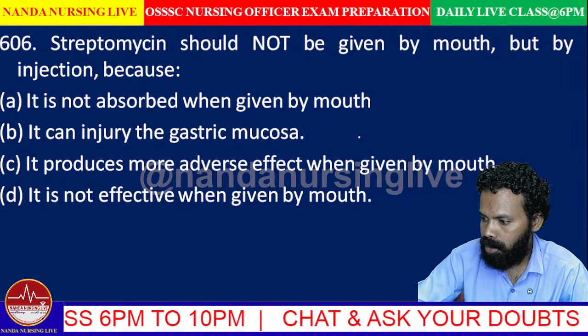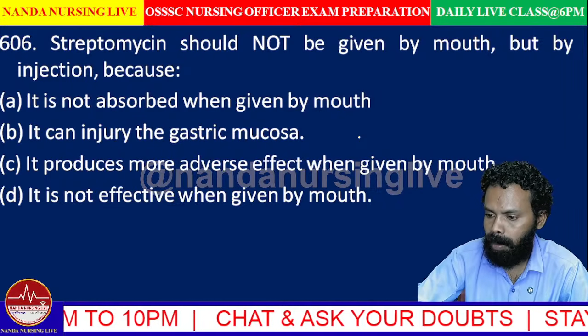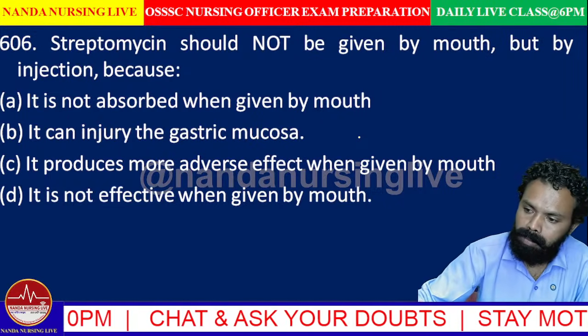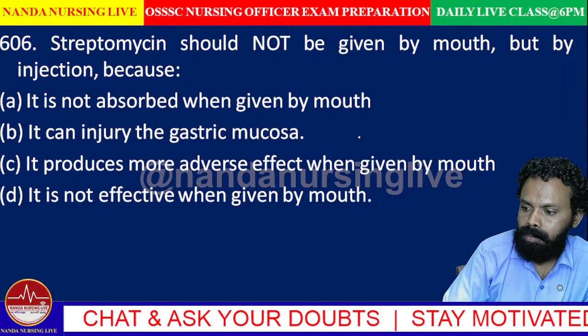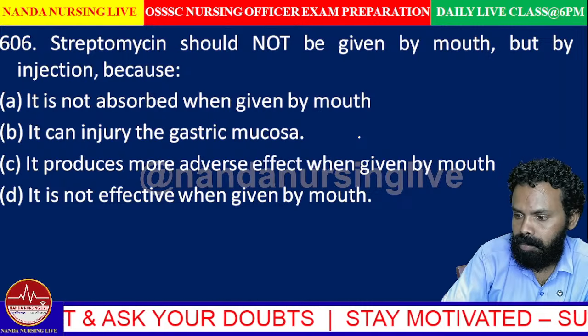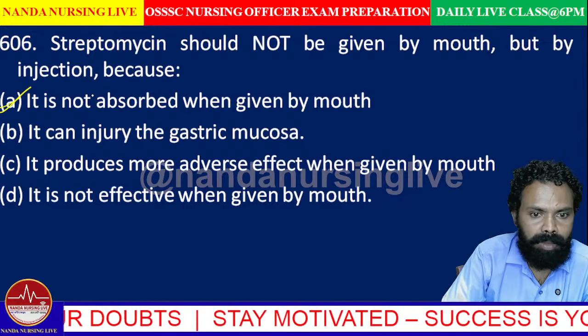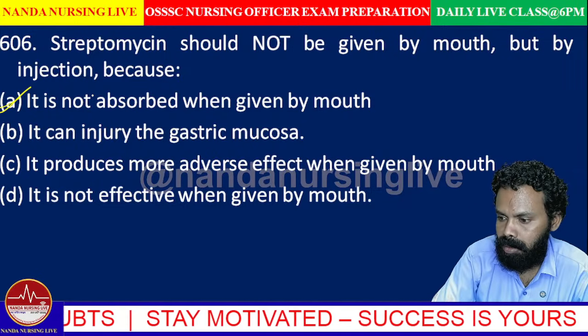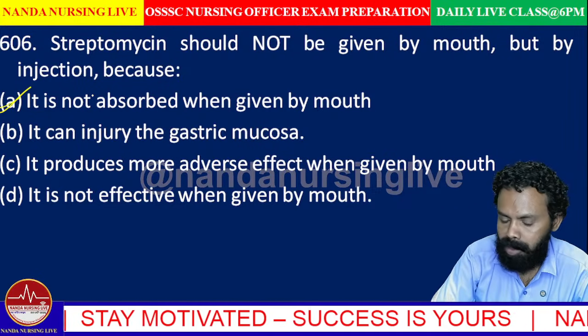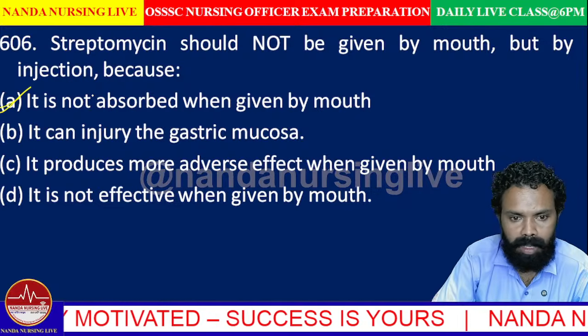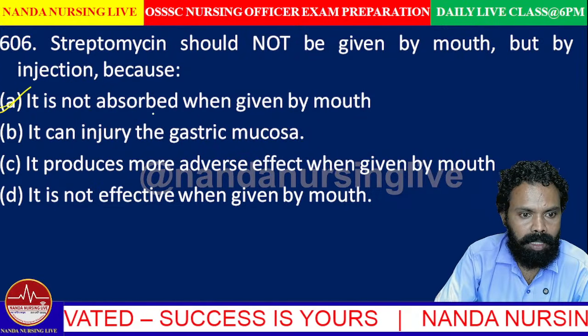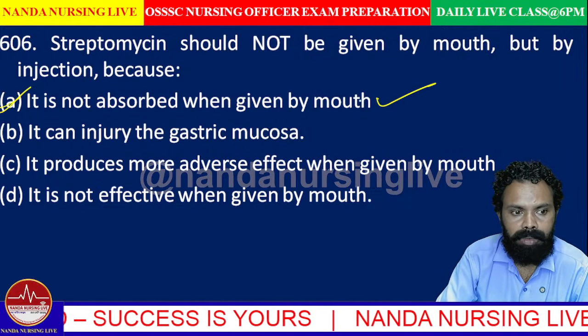So which option is the correct answer? So option A is the correct answer. It is not absorbed when given by mouth, right. Streptomycin is not absorbed by the gastrointestinal tract, so option A is the correct answer.